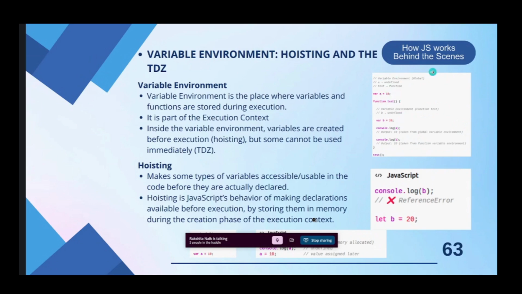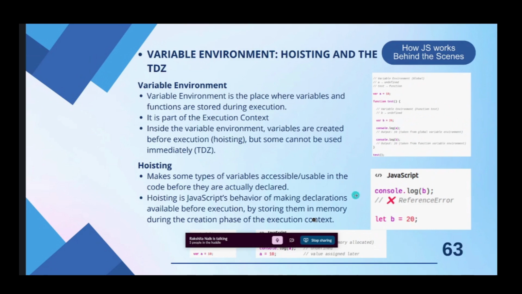In the variable environment, a is equal to 10, which is a global variable. First in the memory phase, it will create a and initialize it as undefined, and it will completely store the test function. When the execution phase starts, 10 will be assigned to a.